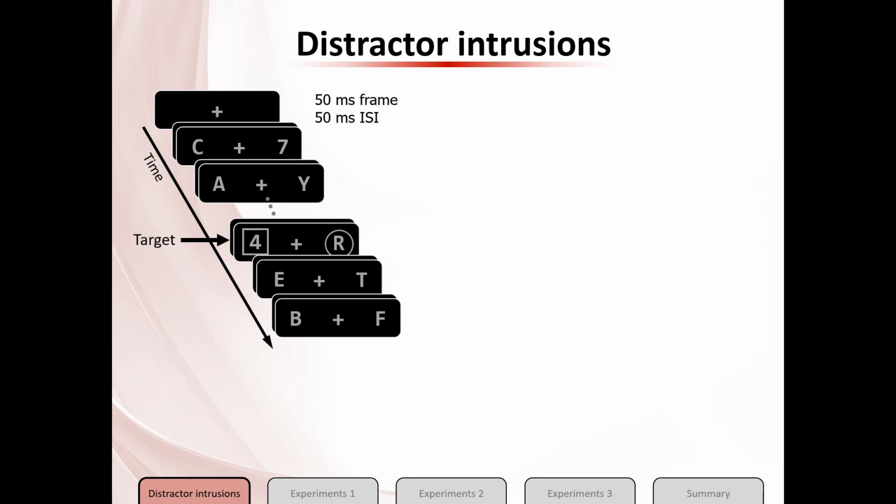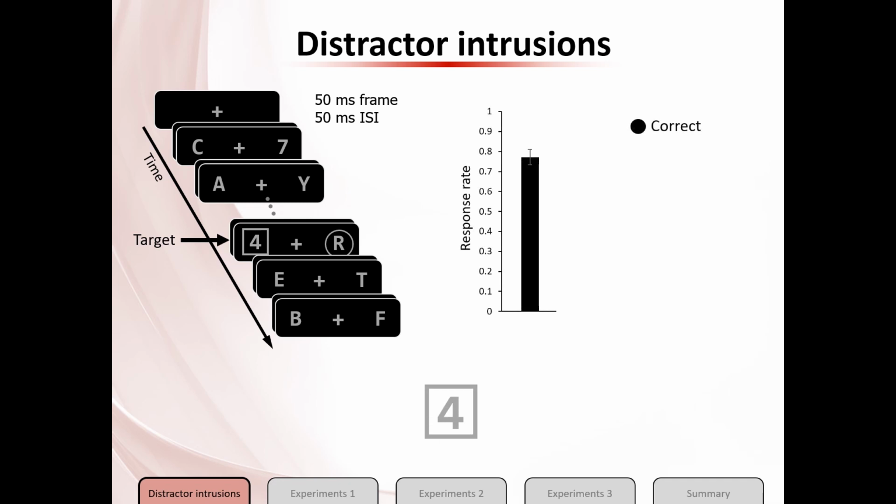Many studies have shown that we're surprisingly good at attending and reporting this kind of target, even at very high speed. In this case, in a study from our lab, each frame appears for 50 milliseconds, yet accuracy is about 80%. So when attention is directed in the right time, we can encode the relevant information.